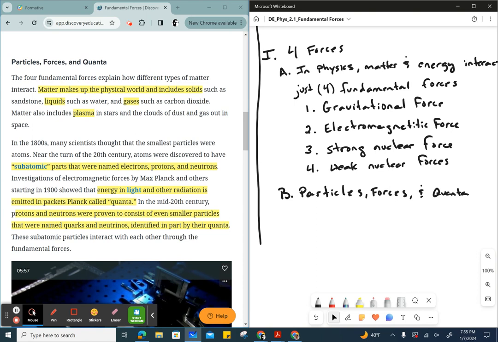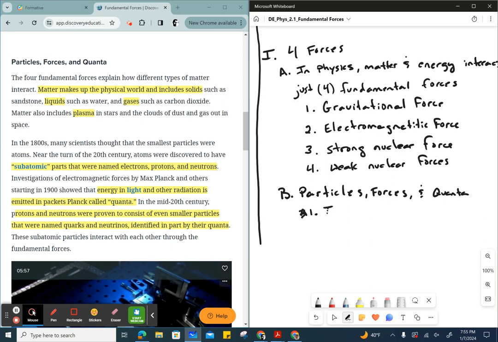All right, so the four fundamental forces explain how different types of matter interact. What are different types of matter? Well, that's solids, liquids, gases, and plasmas. So we'll write this down here. This is going to be number one.